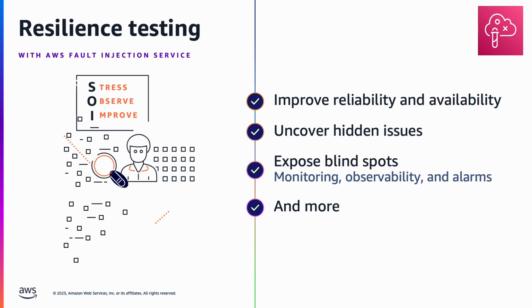Third, it can help identify gaps in our team's response procedures. It allows us to assess various aspects such as monitoring, observability, alarms, and logs. Finally, it enables us to enhance our failure-related runbooks and playbooks.